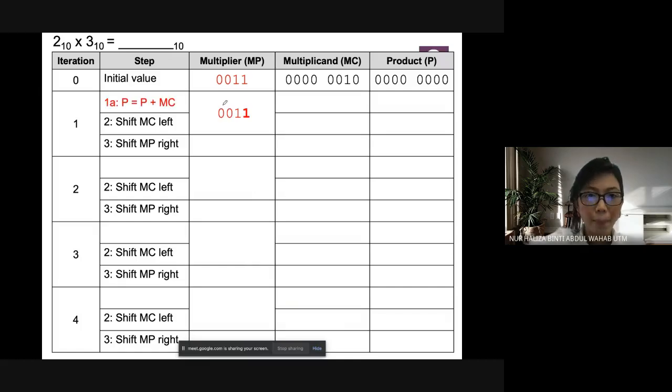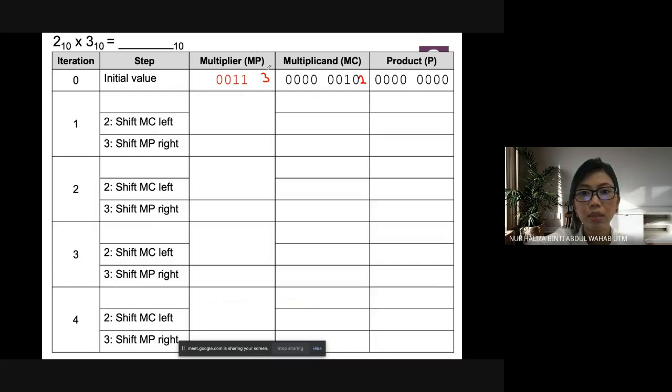What basically happened if, let's say, you have this initial value 0011. This one is 3, right? And this one is 2. And of course, at first the product is 0, so 0, 0, 0.